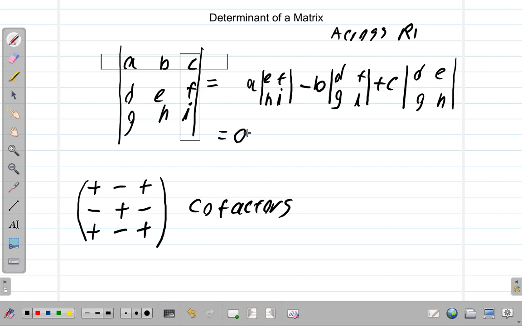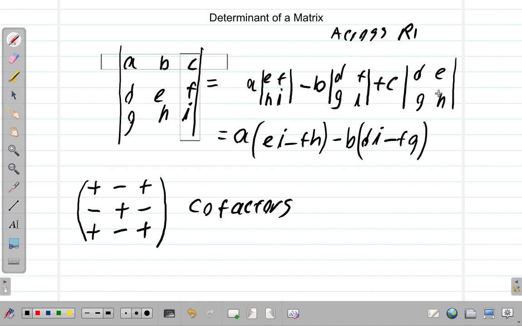So now what we have is a times the determinant e, f, h, i, which is ei minus fh, and minus b times the determinant, which is d times i, leading diagonal, multiply them, di, minus the multiplication of the elements in the non-leading diagonal, fg.